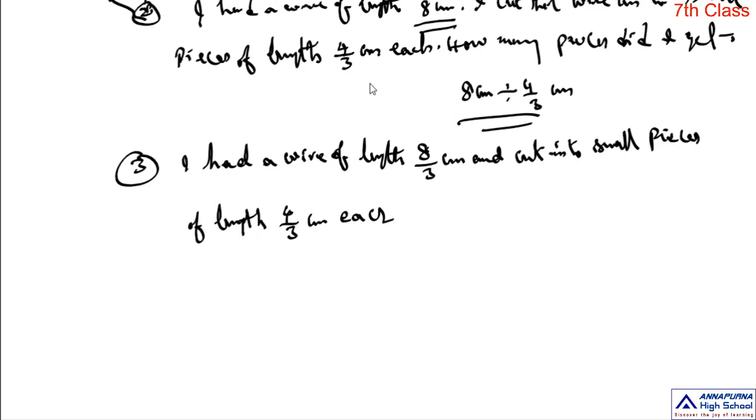Here the wire length is 8 by 3 and each piece length is 4 by 3. So how many pieces did I get means 8 by 3 divided by 4 by 3.